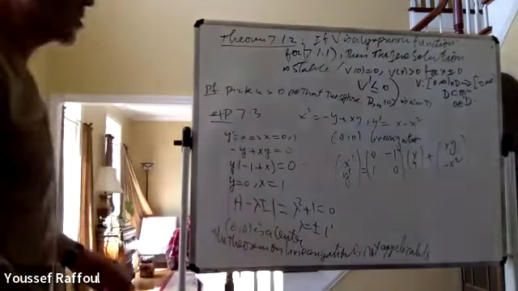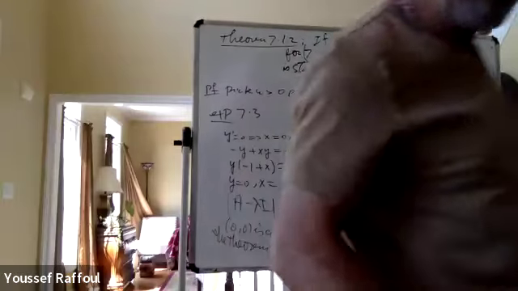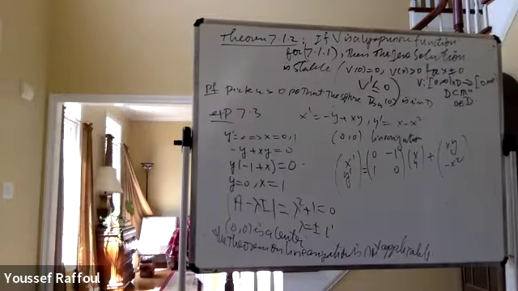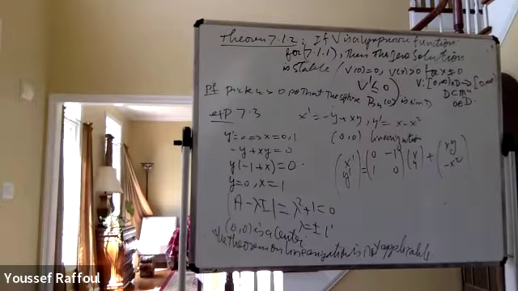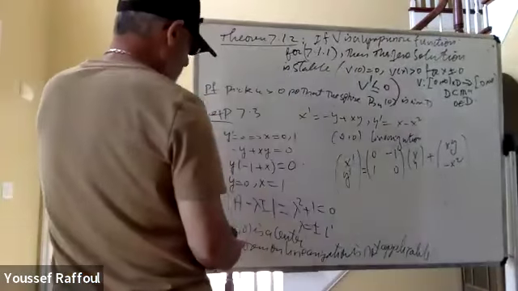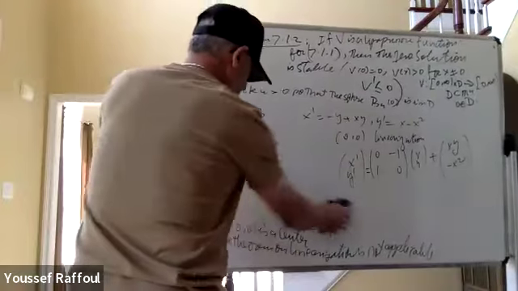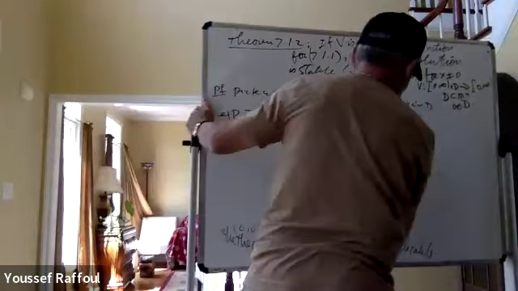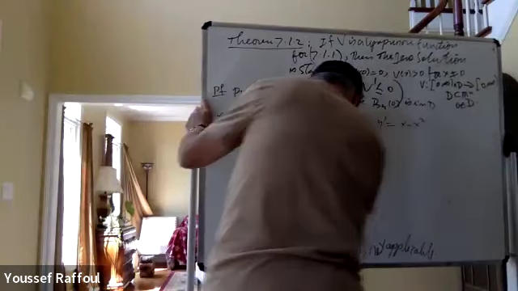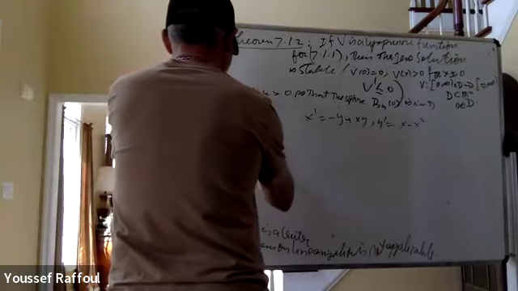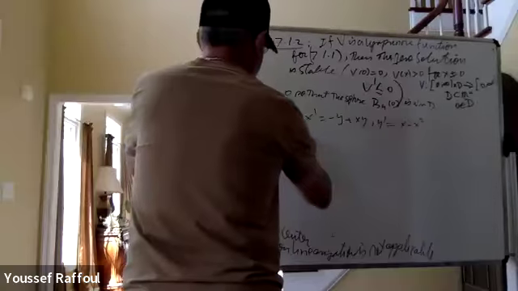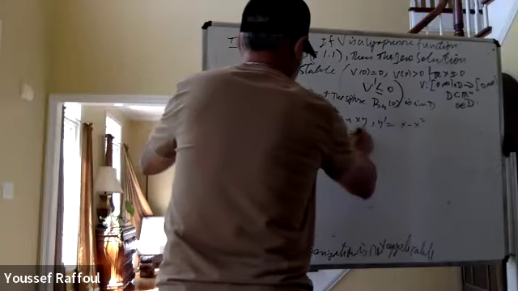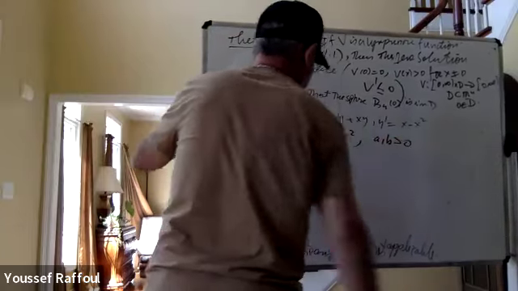So we're going to use a Lyapunov function. Okay? Let us try a Lyapunov function of the form V of x, y equals a x squared plus b y squared, where a and b are constant and positive.